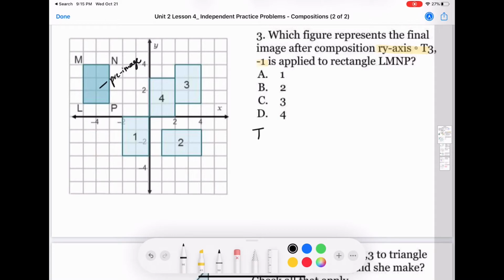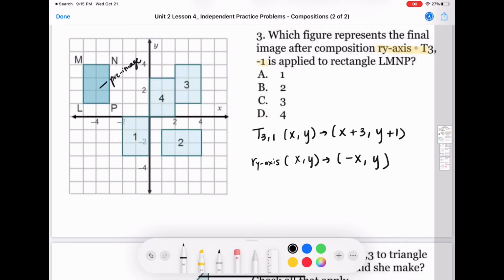So first we complete the translation, which tells us that we add 3 to x and add 1 to y. And then we complete the reflection across the y-axis, which tells us to go ahead and keep x and y the same, but negate the x.